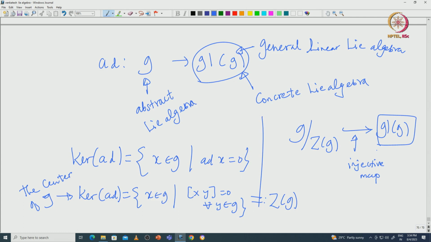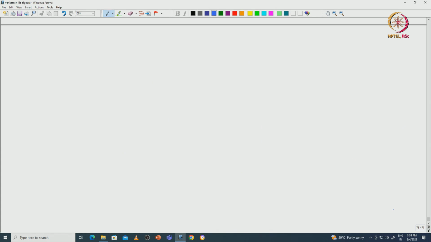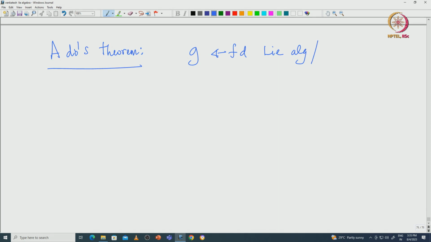Here I will recall what is called Ado's theorem. If I get time later during the course, then I will give a proof of this Ado's theorem, but I do not want to promise anything now. So, what does Ado's theorem say? If you start with a finite dimensional Lie algebra G over complex numbers, then there exists n in N such that G can be embedded inside GL_n(C).